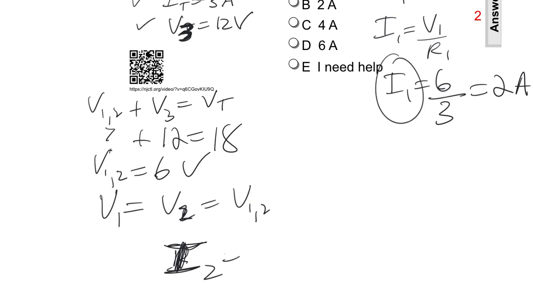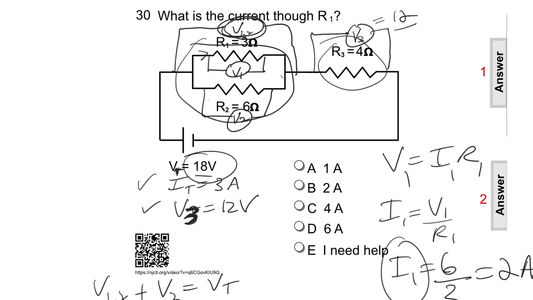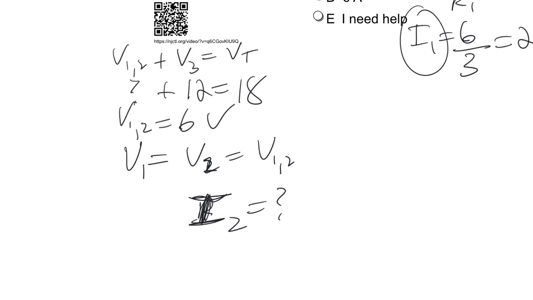what is I2? Well, because of what I showed you up here, how I total breaks up into I1 and I2, I can say I1 plus I2 equals IT.